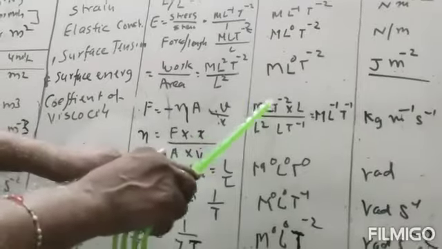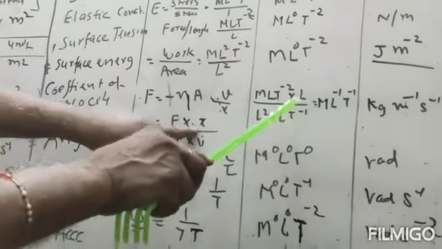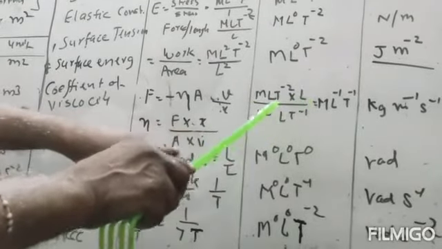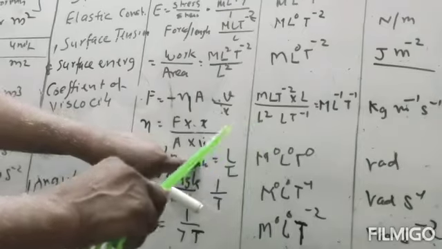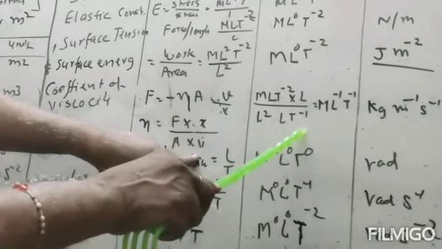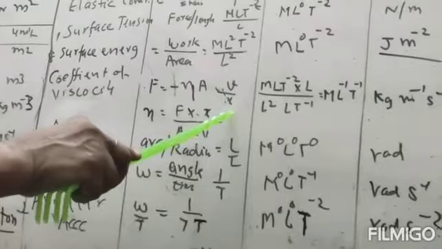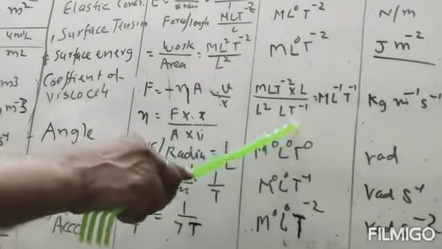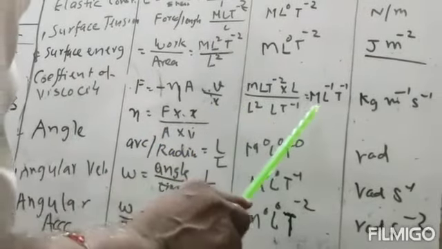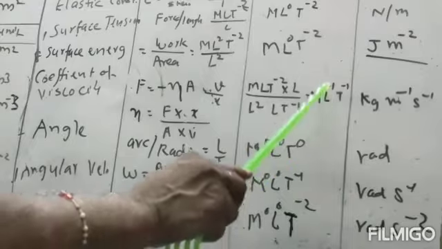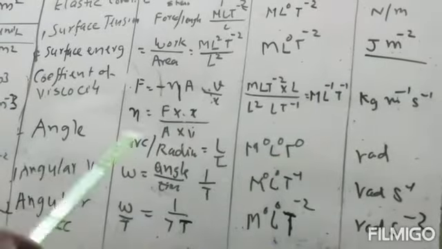Force is MLT^-2, R is length, area is L square, and velocity is LT^-1. V is not the volume, V is velocity. So we solve it, it will be equal to ML^-1 T^-1.